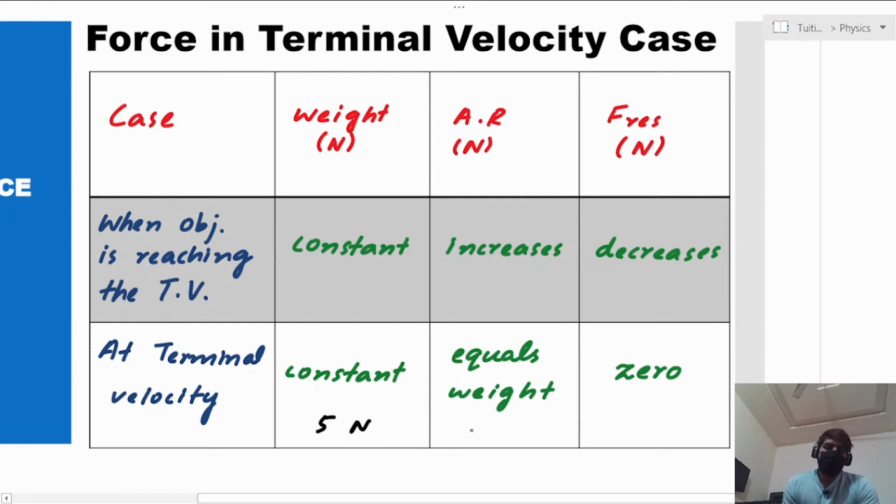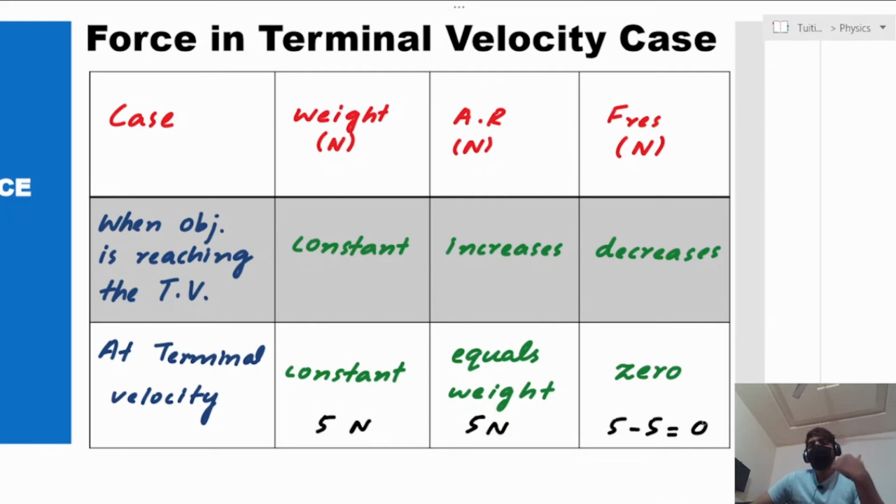and the air resistance at terminal velocity would also be 5 Newton, the resultant force would be 5 minus 5. Why do we subtract them? Because weight is downward and the air resistance acts opposite to the weight, which is upward in the free fall. The air resistance is upward.